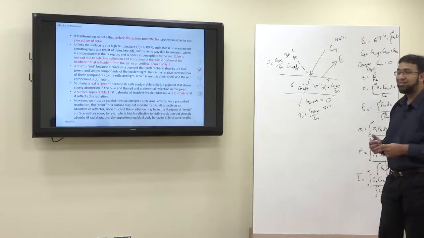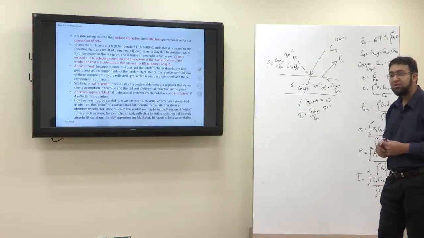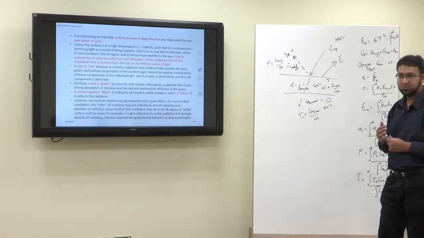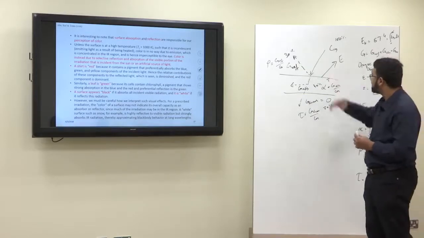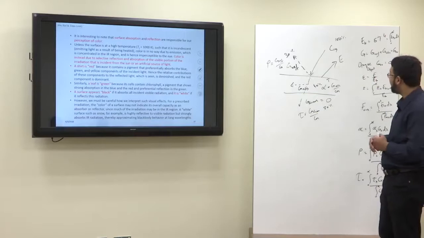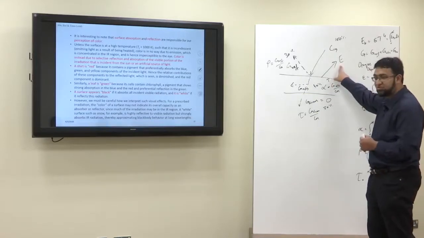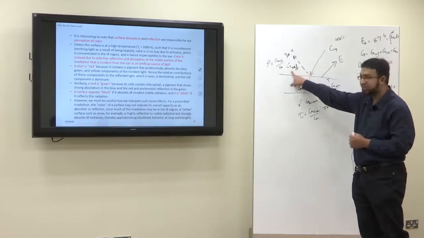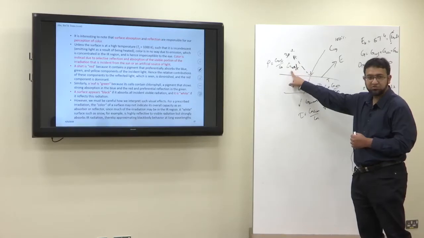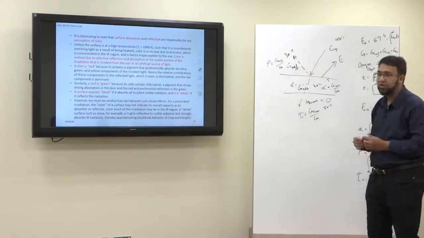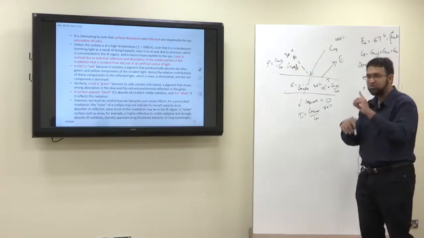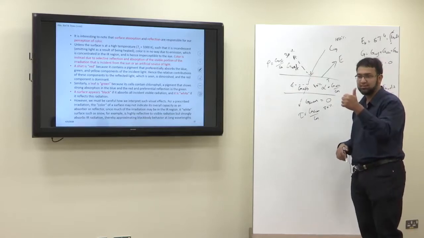Now the total energy which is leaving the surface of the body is known as radiosity. What is the total energy leaving the surface? We have E, the emission, plus the reflection. Combining the two, we call it radiosity.